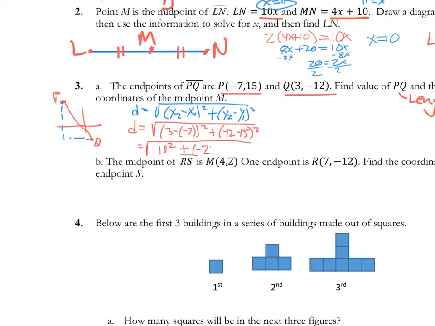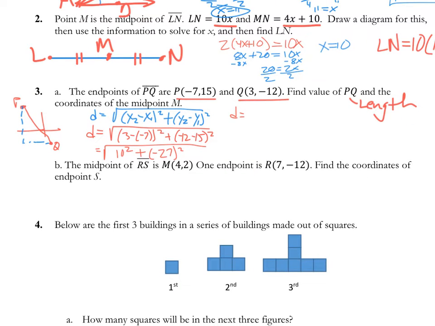Oh, boy. That's one I don't know off the top of my head. So now we can keep going. So that's going to be the square root of 100 plus, and this comes out to be 729, which is 27 squared.